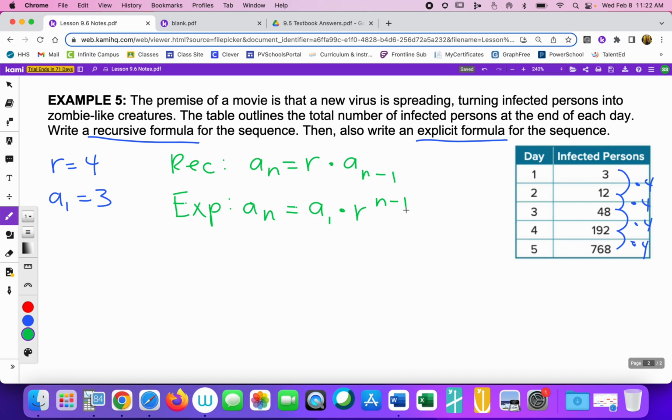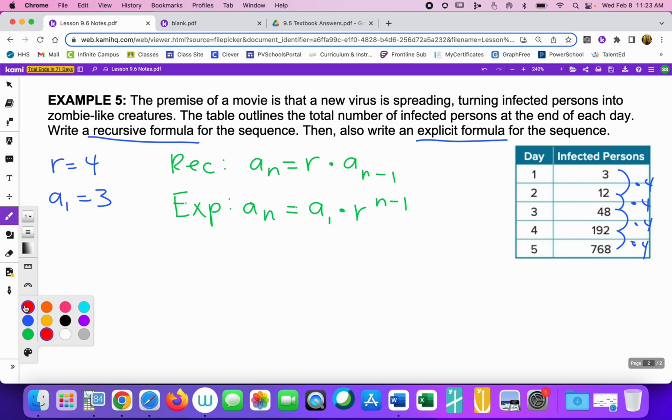Okay. Sometimes it's just recursive, sometimes it's explicit. So this defines any term as long as you know the first term, and this is a lot faster. So this is like for the 100th term. With the recursive one, if I wanted to know the 100th term, I would have to know the 99th term, which means I would have to know the 98th term. So the recursive one is really just finding each individual term based on the previous one.